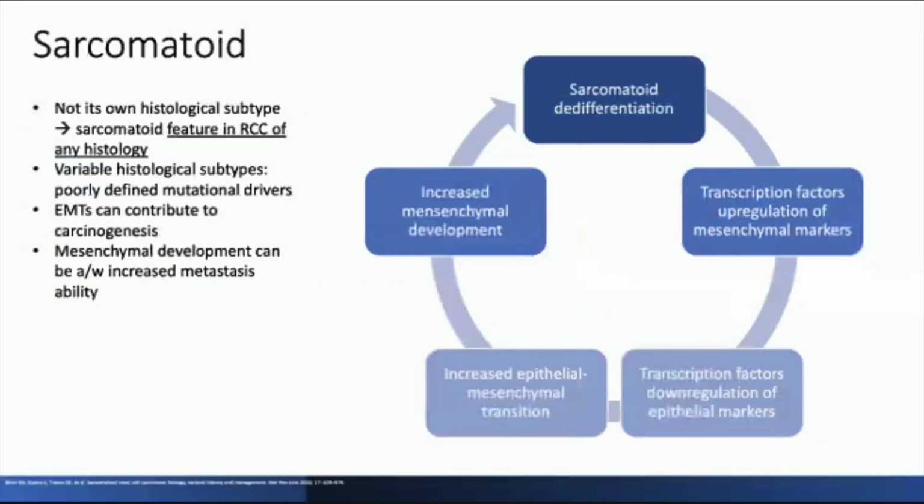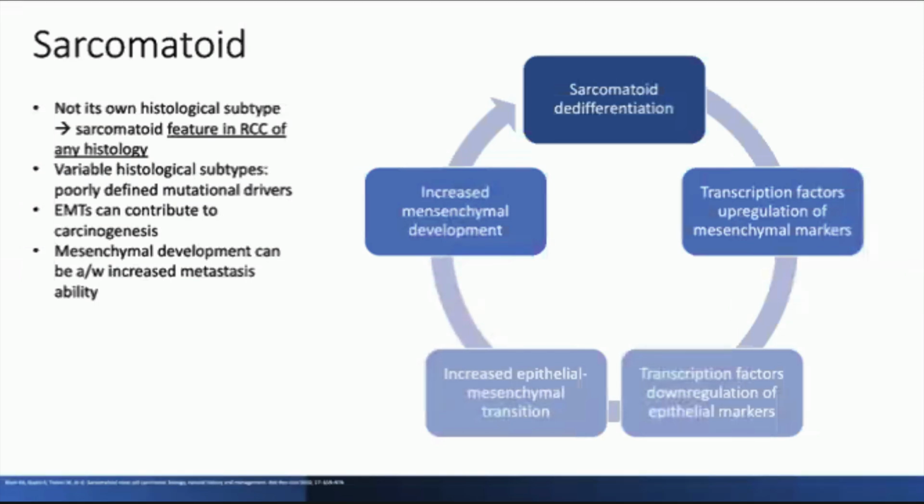So next is sarcomatoid. Sarcomatoid is interesting because it's not its own subtype, but rather a feature that can be seen in any RCC histological subtype. It's thought that sarcomatoid dedifferentiation is related to epithelial mesenchymal transition. When this happens, epithelial cells lose their epithelial traits and develop mesenchymal sarcomatoid traits.